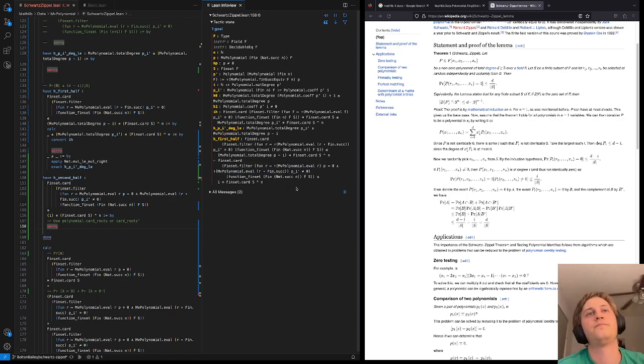Okay. Right. What is striking me now is that before I move forward, I'm definitely going to have to unfold the definition of function finset. And that's a problem because function finset is not in Mathlib.